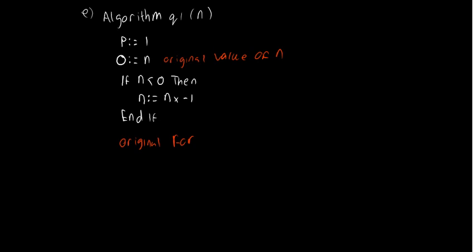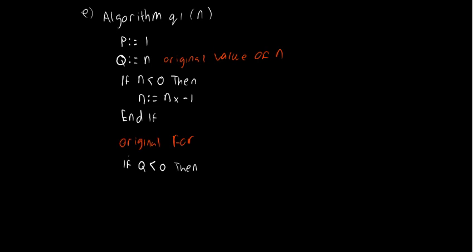Then after our for loop makes all those calculations, we're going to say, if our O is also less than 0, right? If this O that we have here is less than 0, let me call it Q to avoid any confusion. If our Q is less than 0, then what are we going to do?